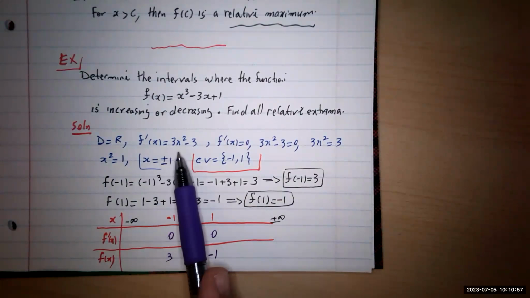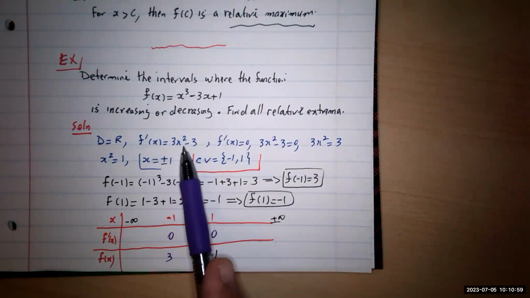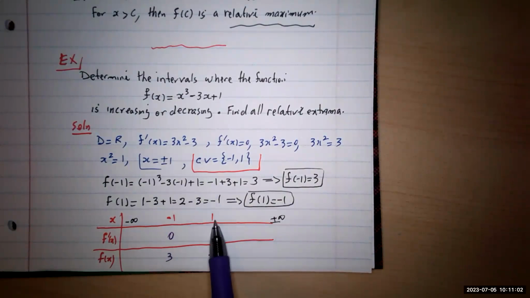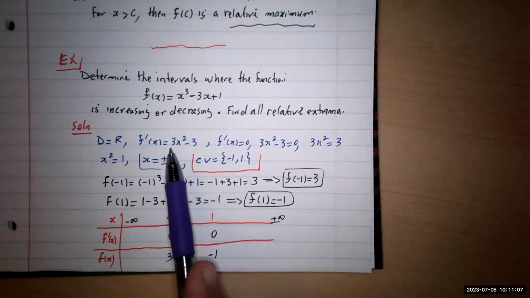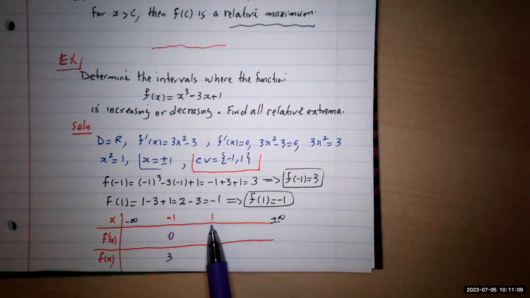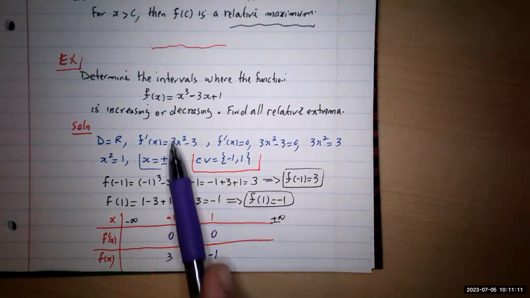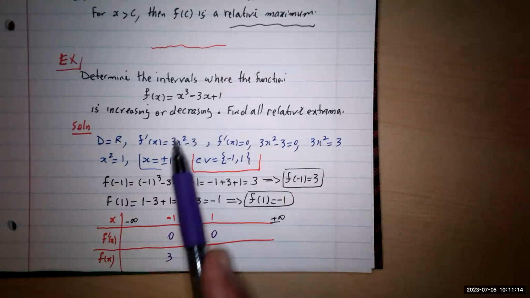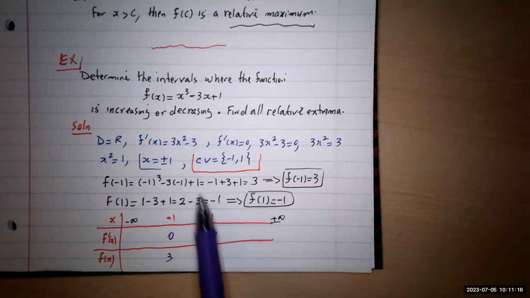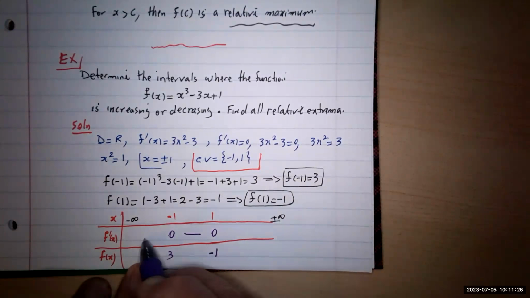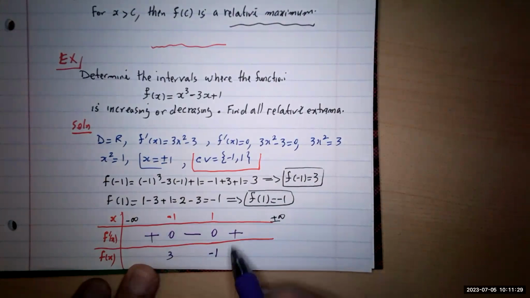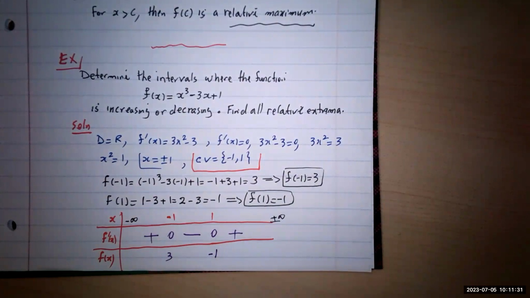According to what you have learned in algebra, if it's a quadratic expression with 2 solutions, between the 2 solutions the sign of the expression is opposite the sign of the x squared. Otherwise, it's the same sign. The sign of the x squared is positive, so opposite would be negative. Outside, positive, positive. That's the way we do it for the quadratic, quickly.